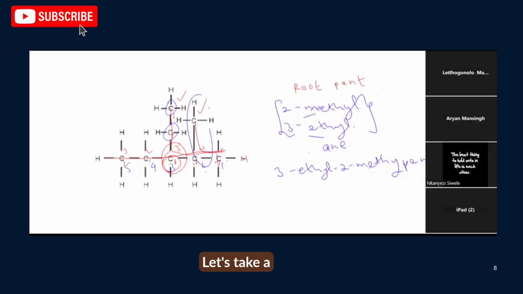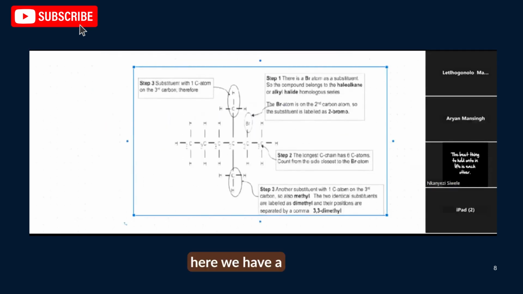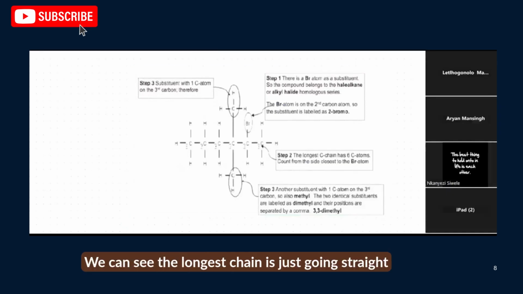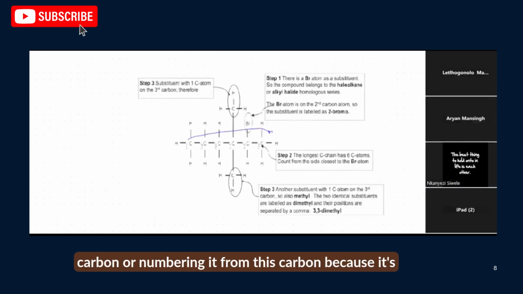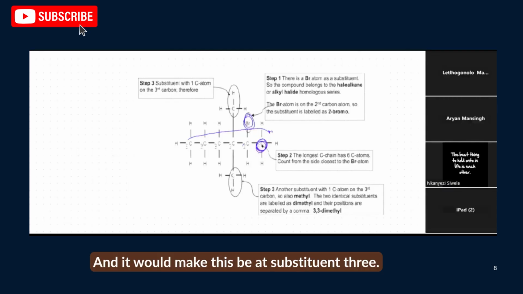Let's take a look at another one. So here we have a chain. We can see the longest chain is just going straight forward, and we're going to start numbering it from this carbon because it's closer. It makes bromine be at substituent 2, and would make this be at substituent 3.